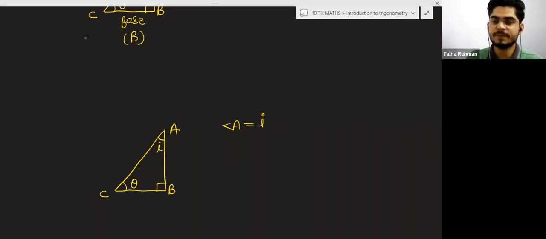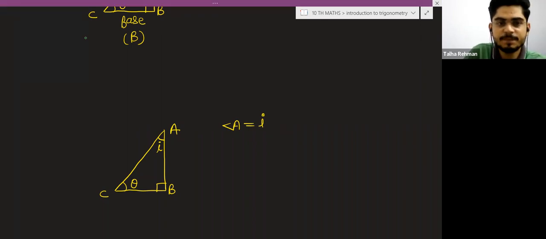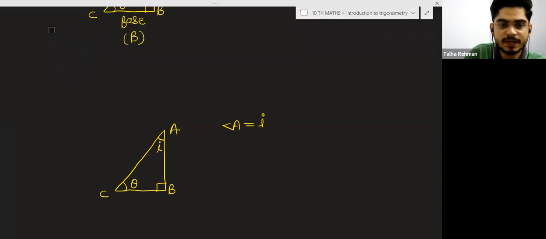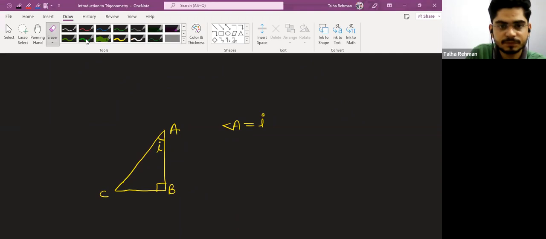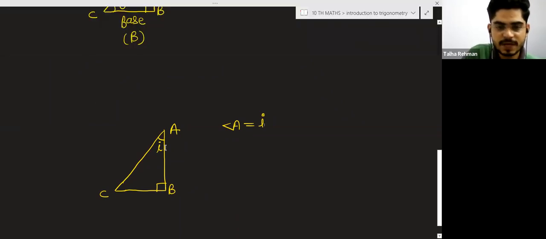Opposite to this angle, the side BC is now the perpendicular.